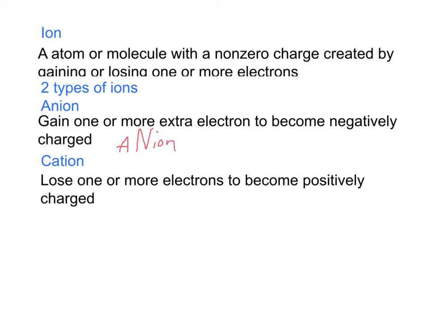The second type is a cation. That's where you lose one or more electrons to become positively charged. So if you write the word cation and change the t to a plus sign, you're going to remember that cations are positive. Or cats are just always in a good mood. I don't know. Alright, let's go on to the next thing.